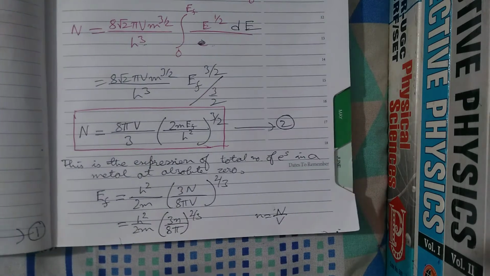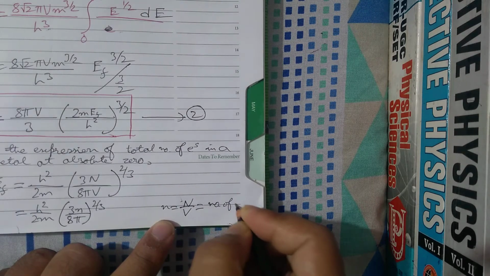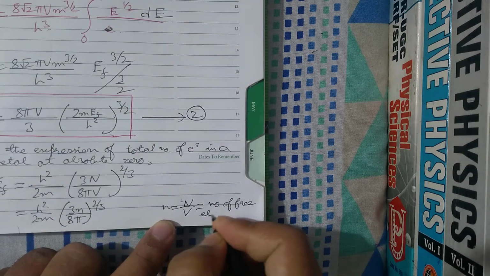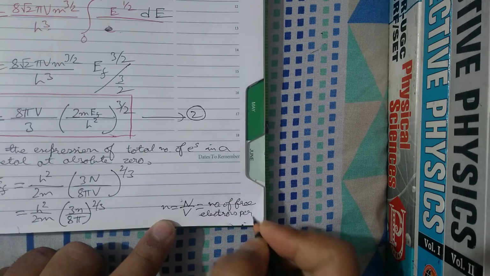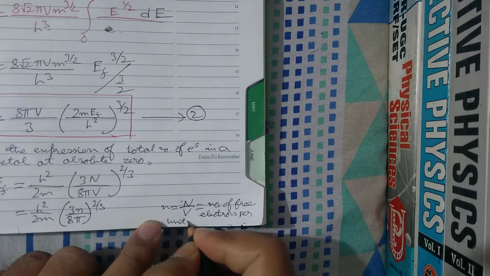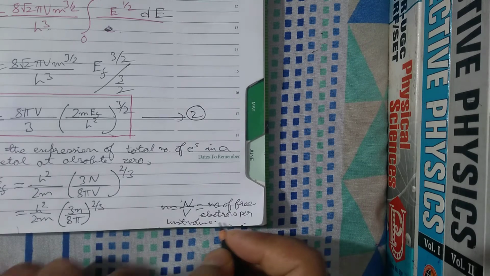This is the number of free electrons per unit volume, or free electron density.